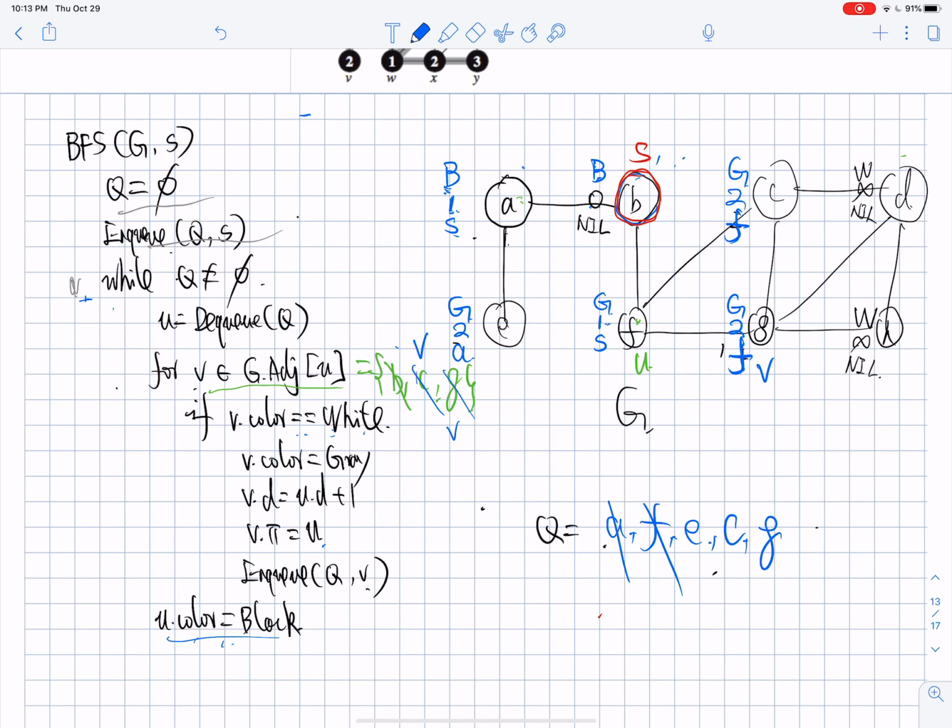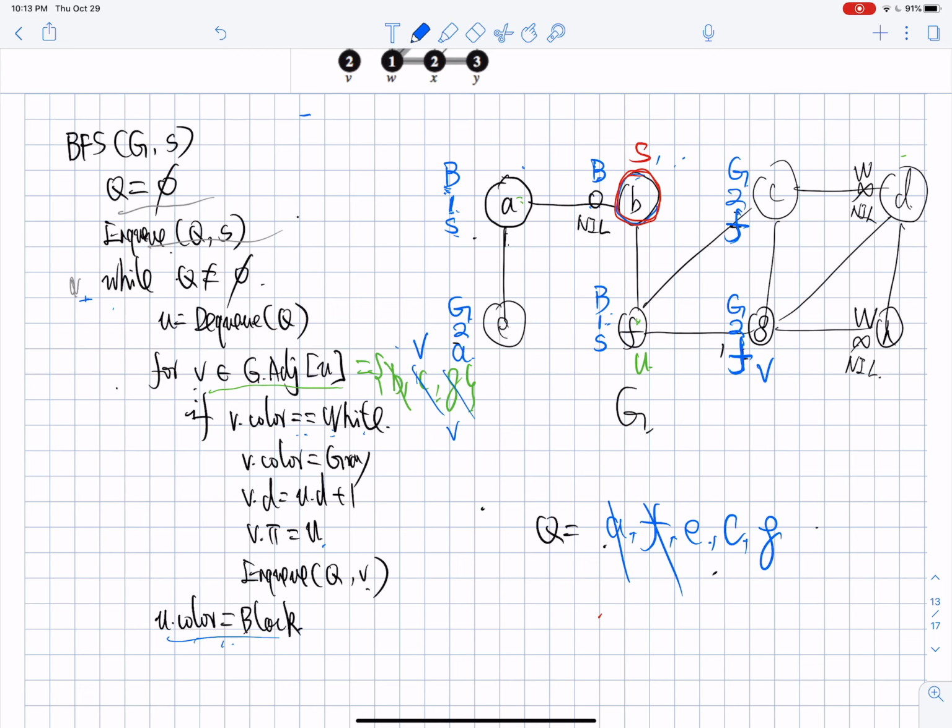So G also goes to the end of the queue, and so we finish this for loop, so that we're going to set the color of u as black, which is F. So its color is black.